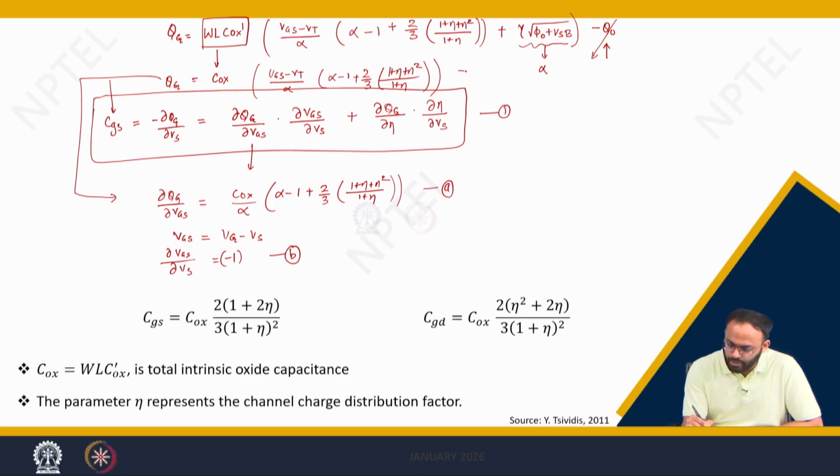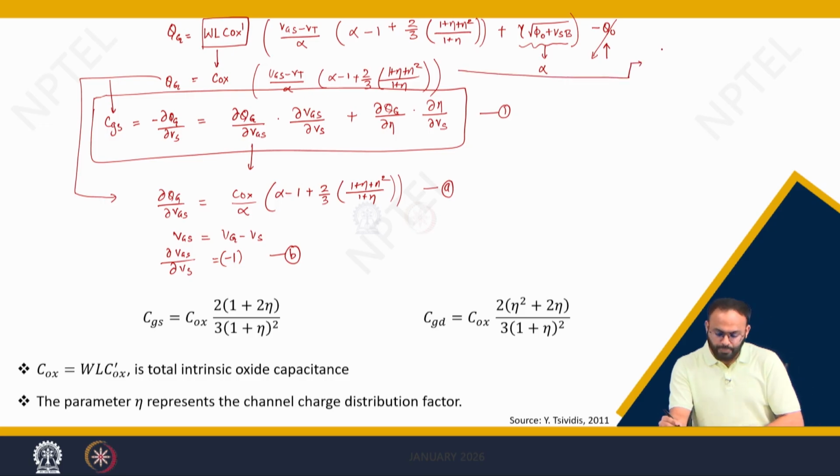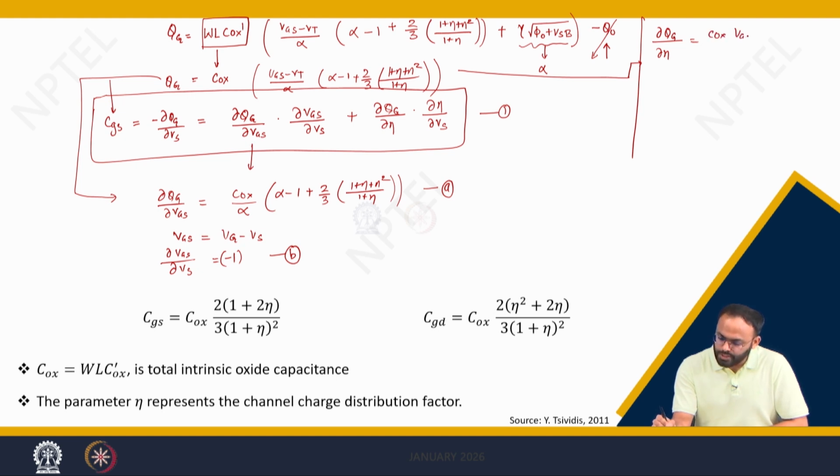Now we need to differentiate this equation with respect to eta. So delta QG divided by delta eta will give you what? COX into VGS minus VT divided by alpha into 2 by 3, and differentiation of this factor, which is nothing but 1 plus eta whole square, 1 plus eta into 1 plus 2 eta minus 1 plus eta square.